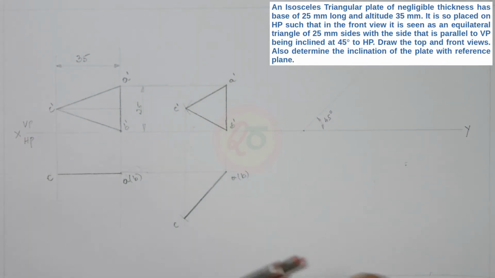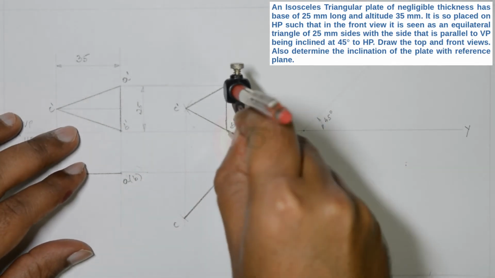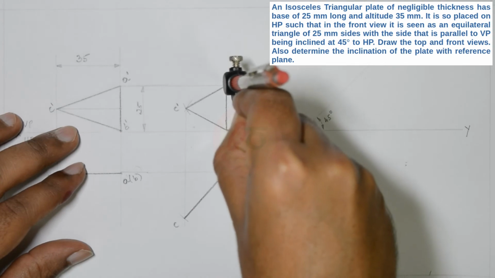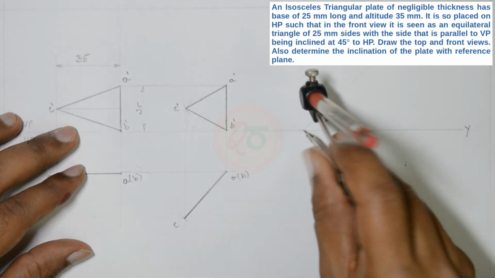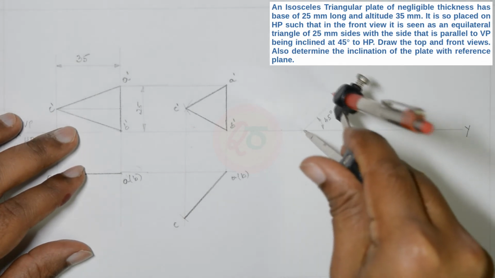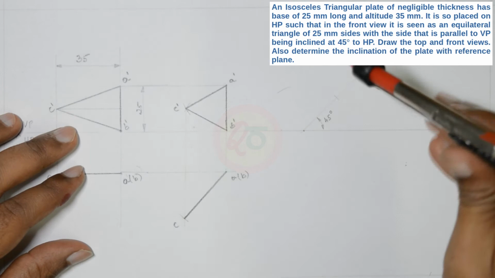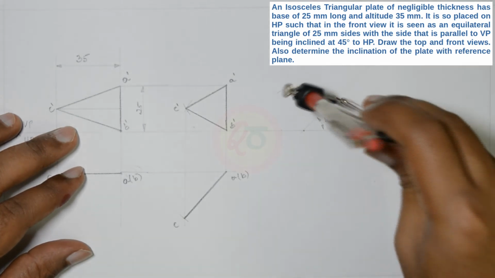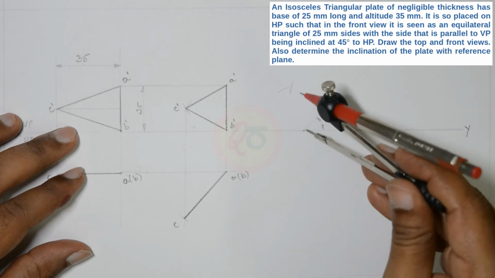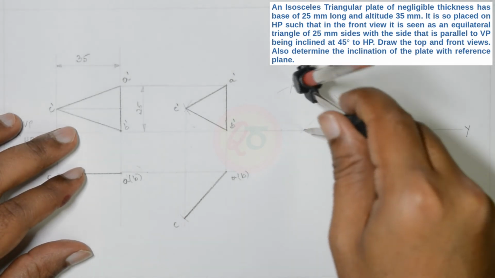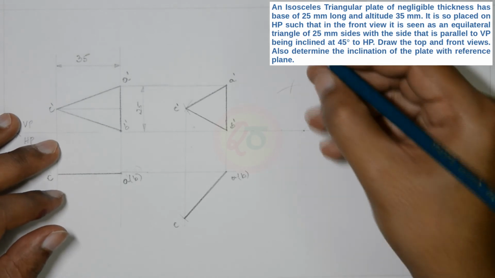So I'll measure B dash should rest on HP. I'll measure the length. From this point, I'll cut an arc on the 45-degree marking line, and also I'll draw one more arc to obtain C dash. From the intersection of 45-degree line and the arc, again I'll cut an arc. So intersection of two arcs will give me the position C dash.